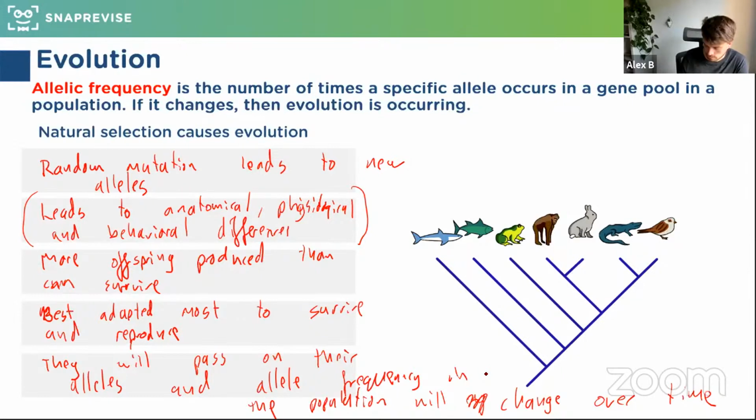So just as a recap, we've got a picture of it here. What do we call this diagram? Yes, the allele frequency changes over time. That's an important thing to put into your answer for natural selection.